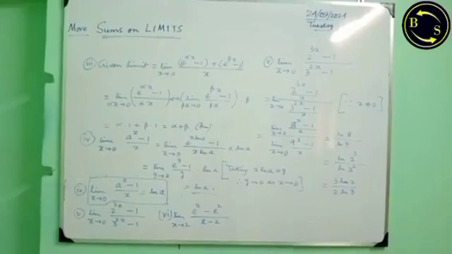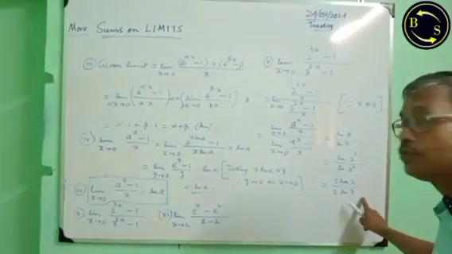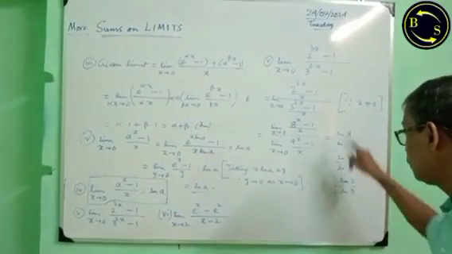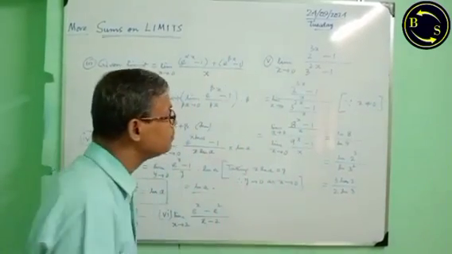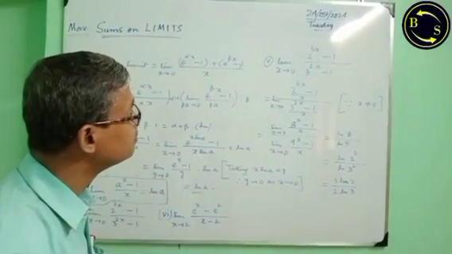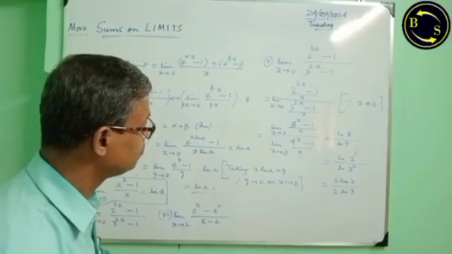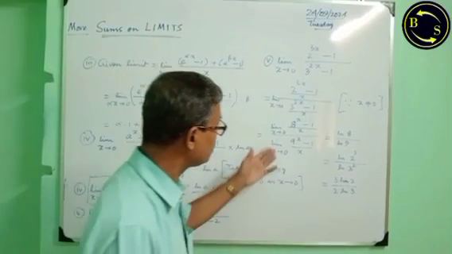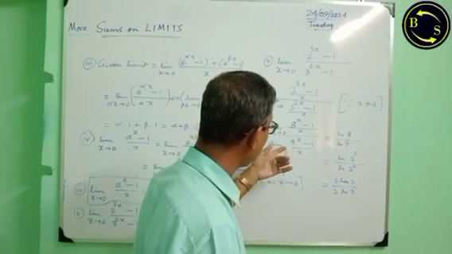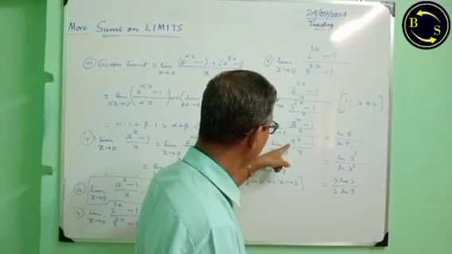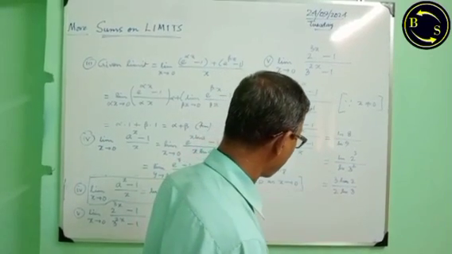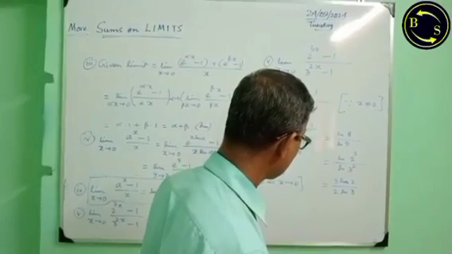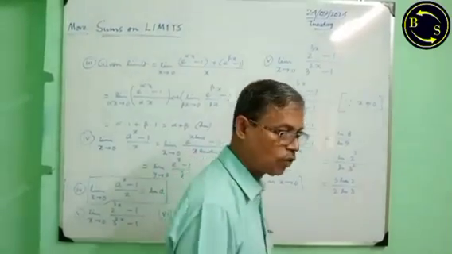Therefore, the answer is 3 log 2 by 2 log 3. Let me check whether I have written correctly. Okay.